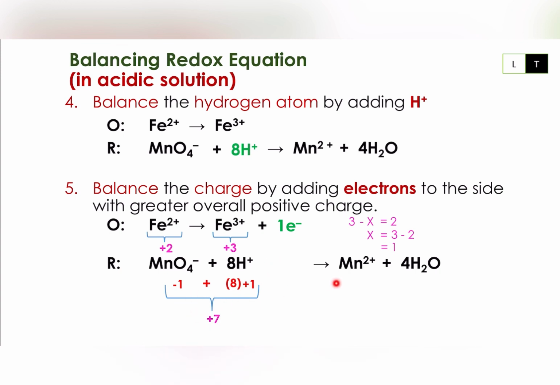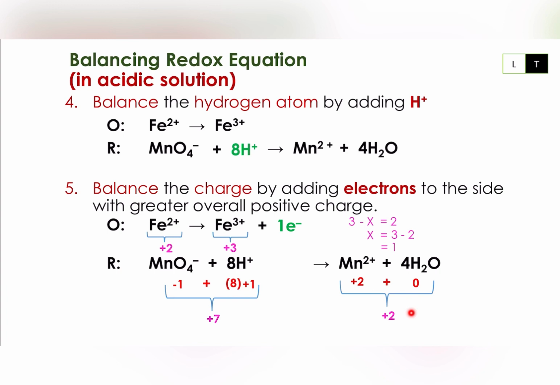Now we go for the right side. You have positive 2 for Mn2+ and 0 for the neutral compound such as water here. So adding up all of the charges, you will have positive 2 for the total charge at the right side.